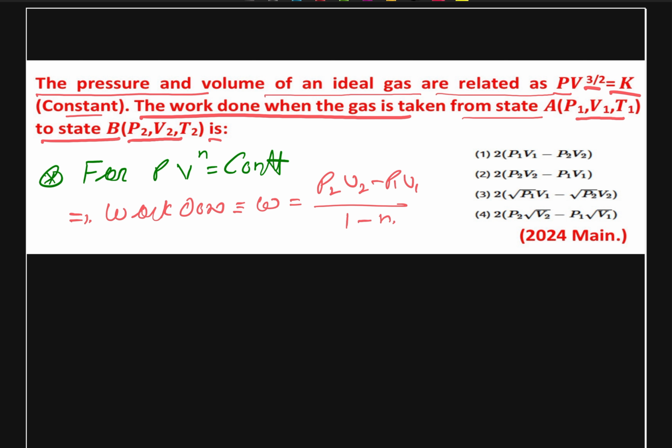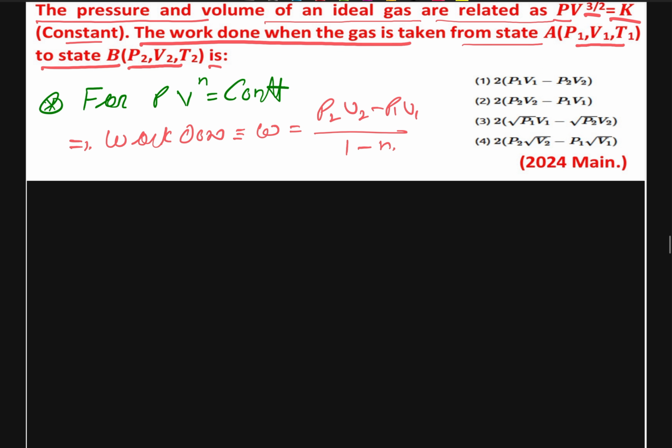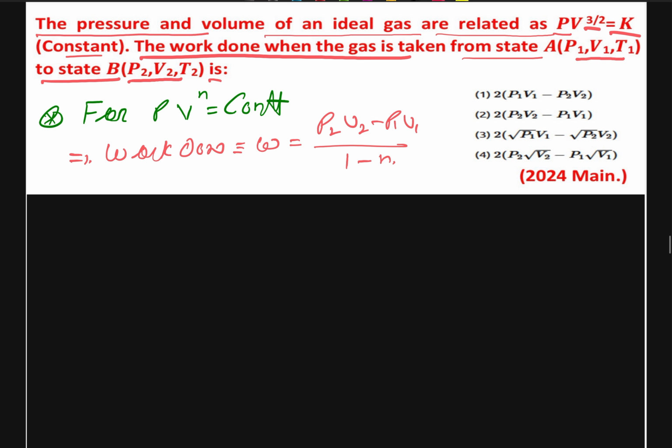So in this particular case the value of n is not 3 but 3 by 2, because we are given that P V raised to 3 by 2 is equal to some constant. So the value of n is equal to 3 by 2.